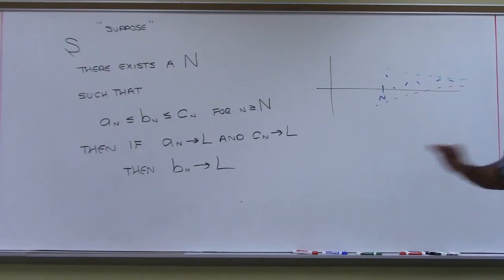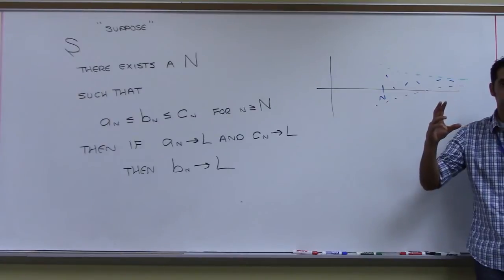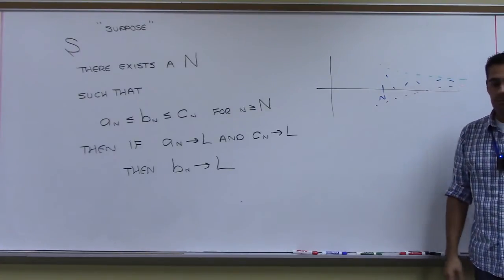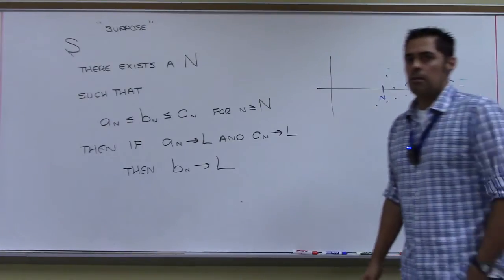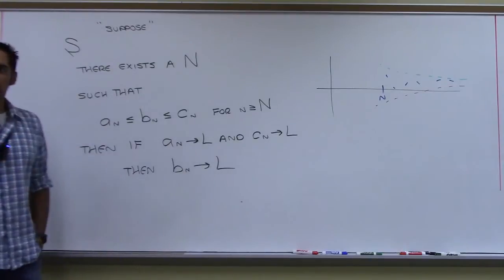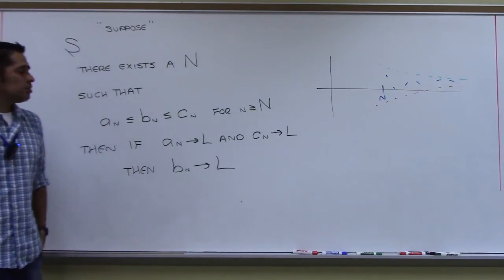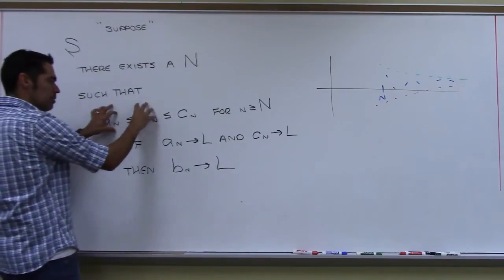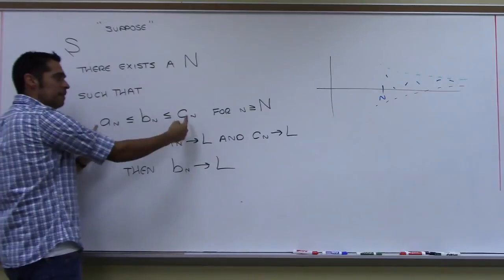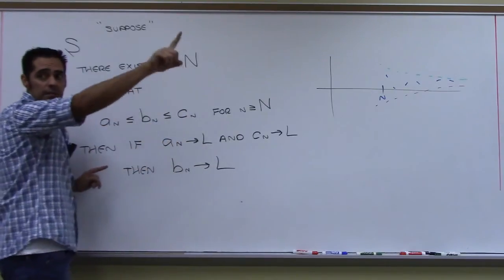Any questions on this? You get the idea visually? Sure. So do we just come up with the B sub n? Yeah, so how is this going to work for us? We're going to look at a sequence that we're trying to figure out what it does, and we're going to struggle with it. So we're going to try to come up with two sequences, one on each side, that I can definitely figure out where they go as n goes to infinity.